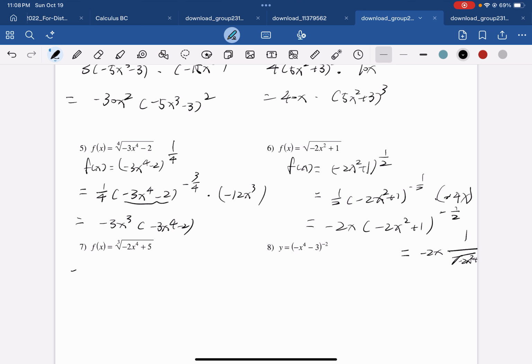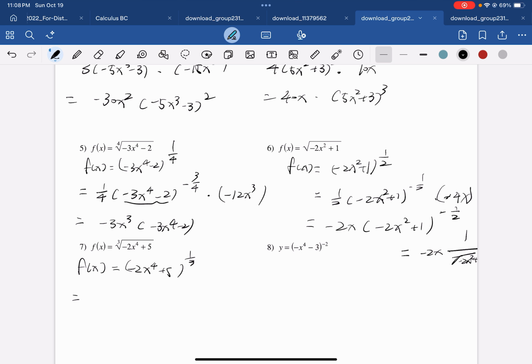Alright, the next one, f of x equals the cube root of negative 2x to the 4th plus 5. For this one, it's almost the same: f of x equals (negative 2x to the 4th plus 5) raised to 1/3.